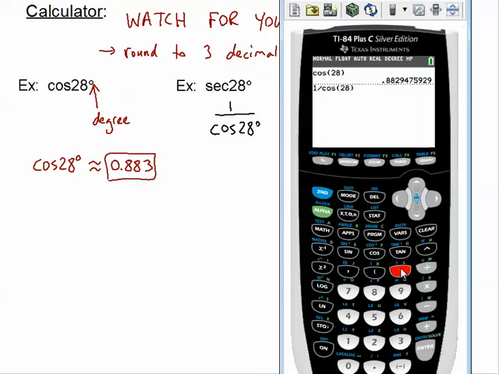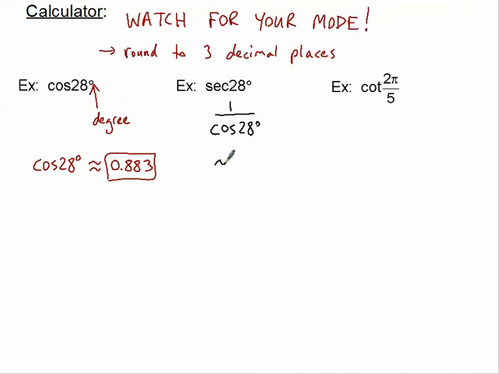We're going to close that parenthesis, and we're going to get 1.13257 and so on. But I need 3 decimal places, so 1.133. The 2 is going to be forced up again because the 5 is bigger. 1.133. So we're going to, again, use our approximate symbol.